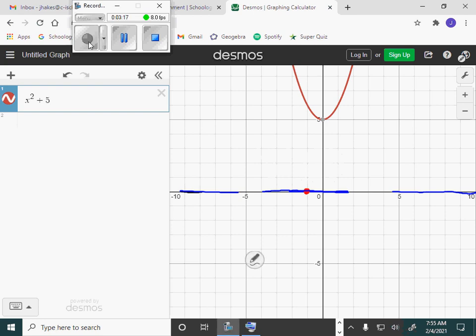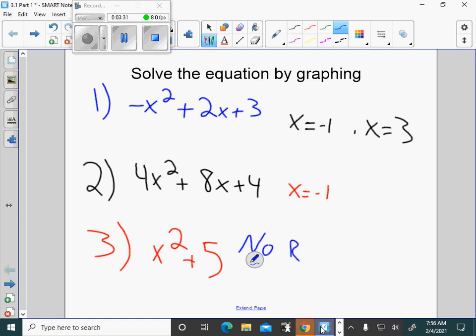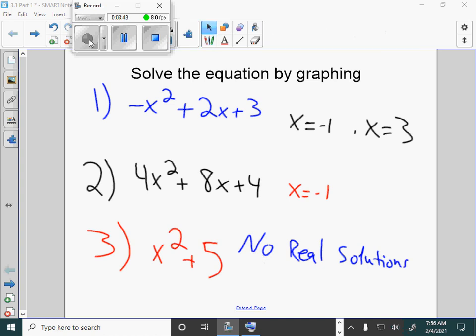So, how do we answer this? There is no solution. Okay? Back here, if we want to be technical, we say no real solutions. Okay, so pretty easy. Just by graphing, that's pretty easy.